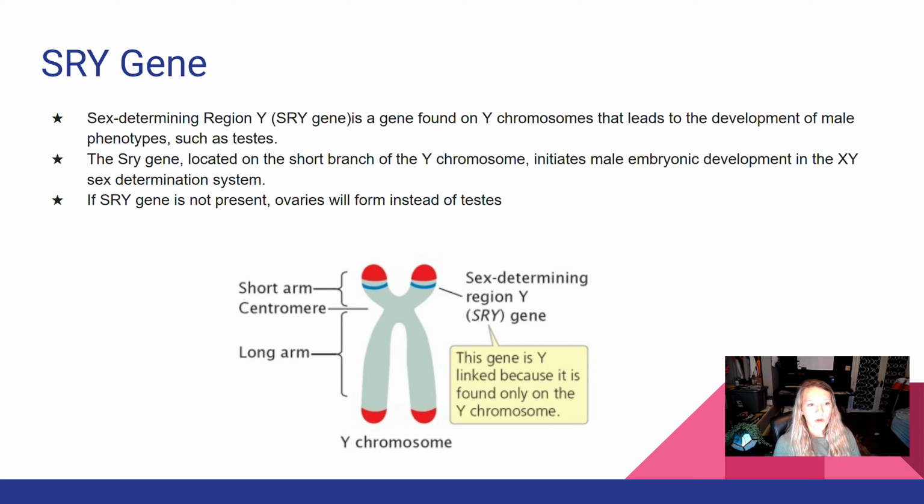If an SRY gene is not present in a chromosome, this means that ovaries will form instead of the testes. So you can see a picture of a chromosome here, and the SRY gene will just be on one of the little short branches of the chromosome. So all males have an SRY gene, but females do not.